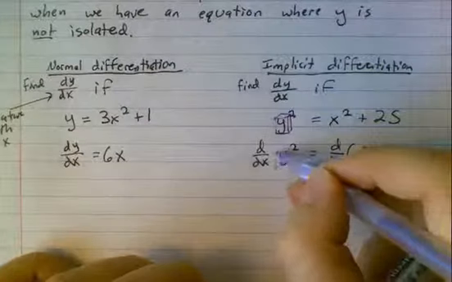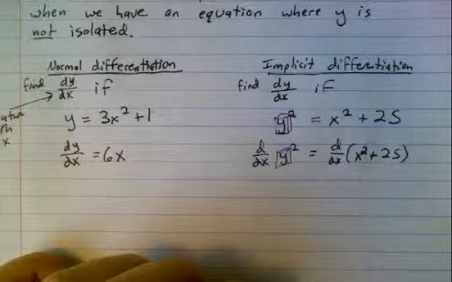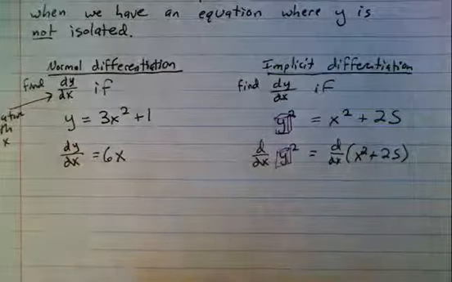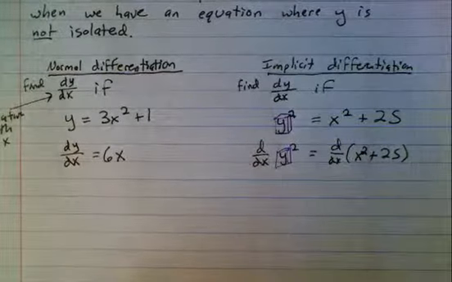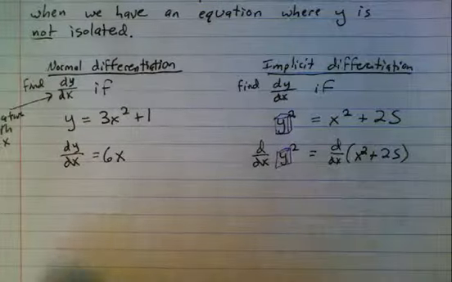This y is just some function of x. It could be 10x squared, it could be whatever. It's something that we don't know what it is, but we're going to have to take the derivative of it. Kind of similar to what we were doing in derivatives 11.